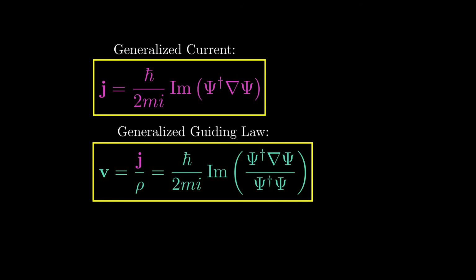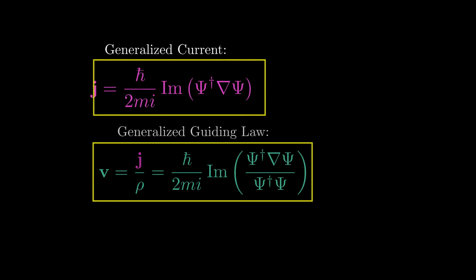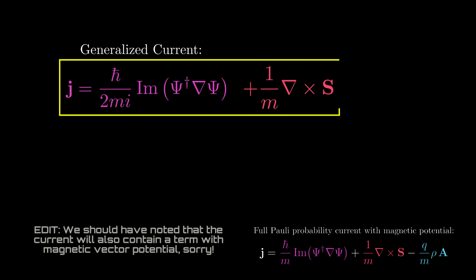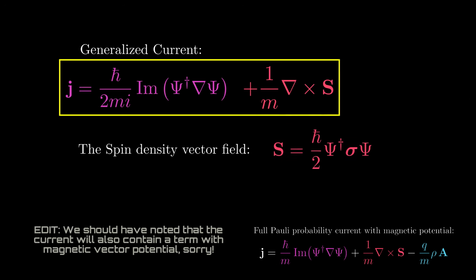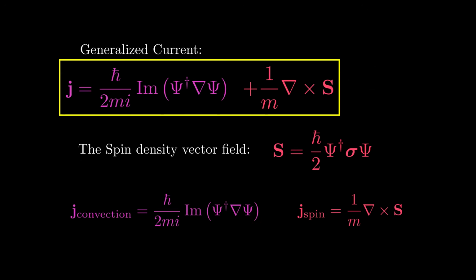But there is, in fact, an entirely new element that is still missing. This is the extra term. It arises from the curl of the spin vector field. For now, let us note that it will not in any way affect the density of the wave equation.